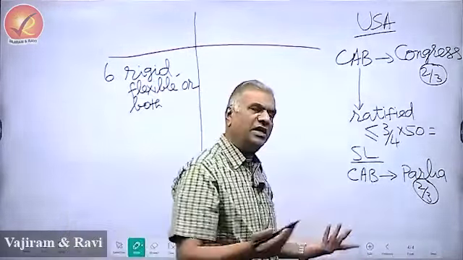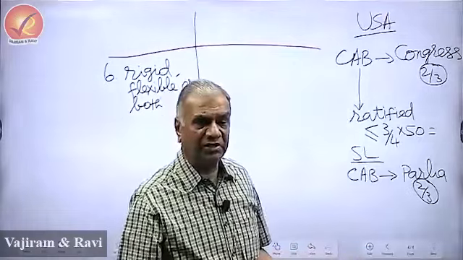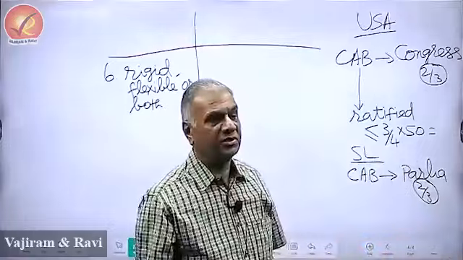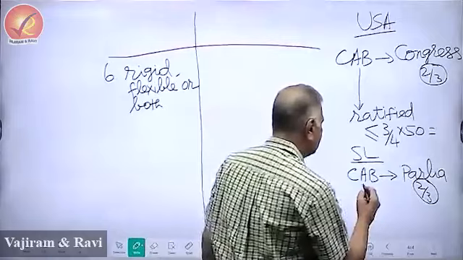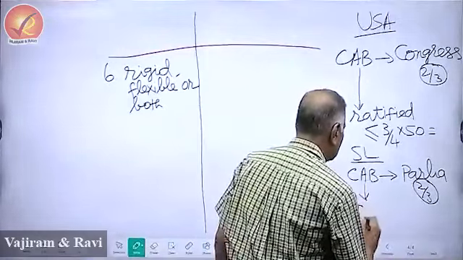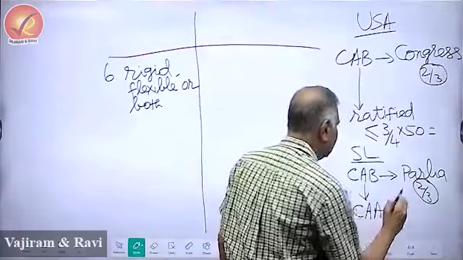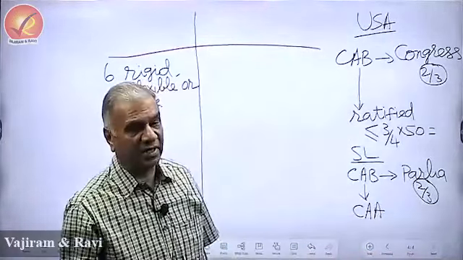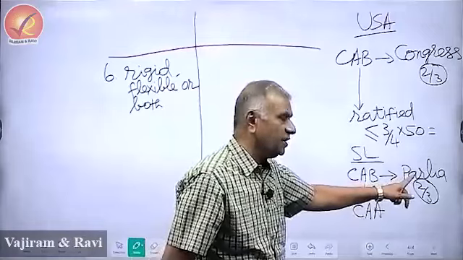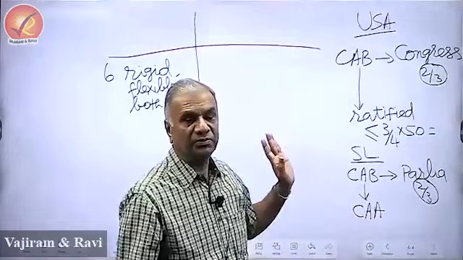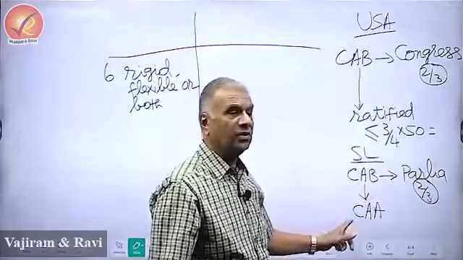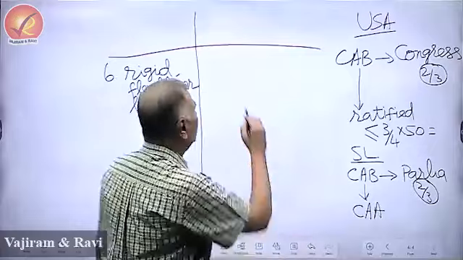Thereafter, it doesn't need any ratification by state legislatures because there are no states. There are only provinces. The bill becomes a constitutional amendment act on getting the assent of the president. So here a single authority, the legislative authority, is involved in amending the constitution. Therefore, it is flexible. What about India?